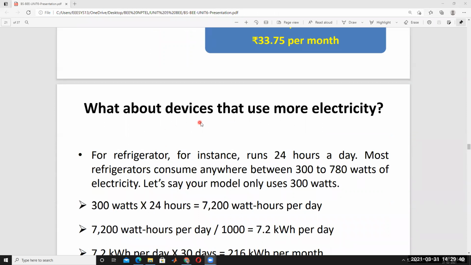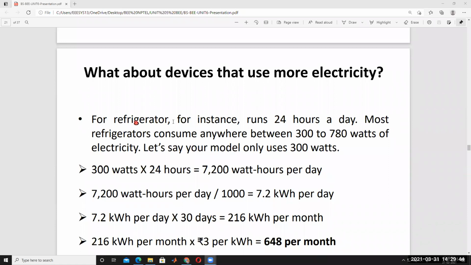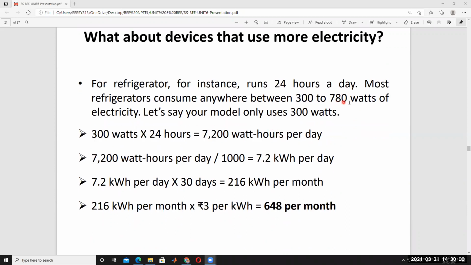What about devices that use more electricity? A refrigerator runs 24 hours a day. Am I right? A refrigerator is switched on throughout the day. Most refrigerators consume anywhere between 300 to 780 watts, which is the maximum rating.